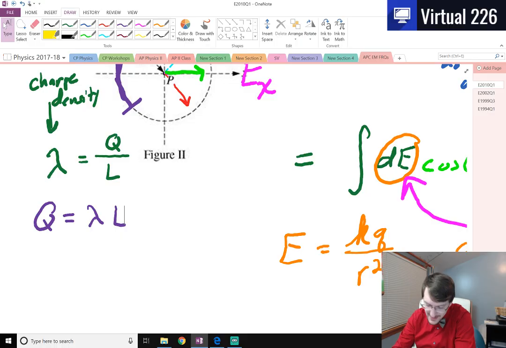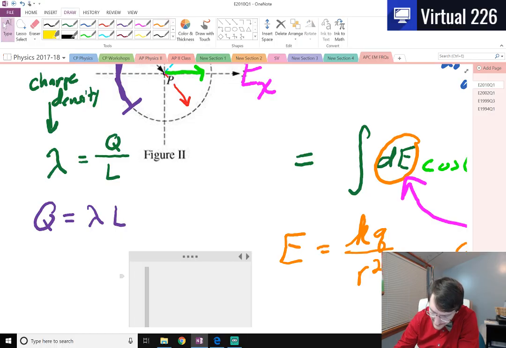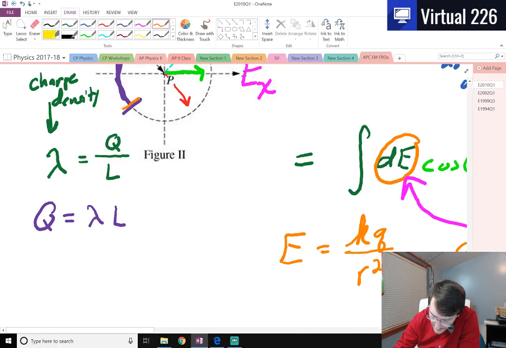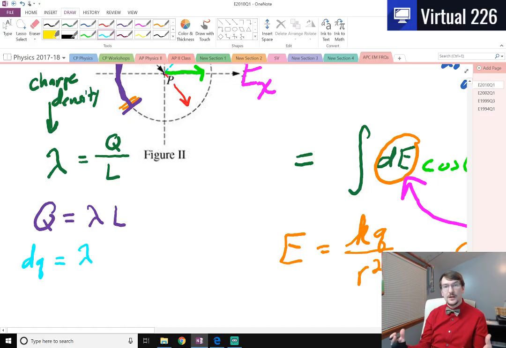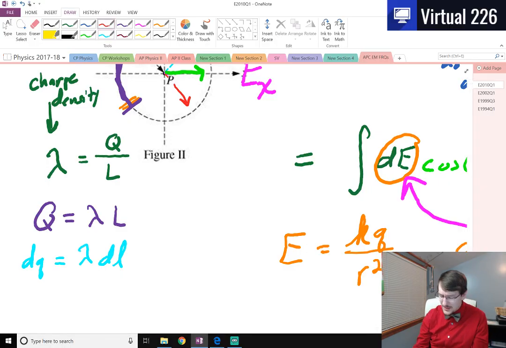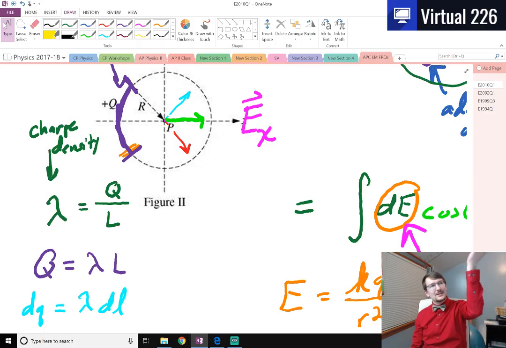Now what this means is that if we have a tiny bit of charge, some infinitesimal piece of the charge, something like dq, then what we've done is we've taken the charge density, which is a constant, and multiplied it by a tiny sliver of the length, dl. Well, that's all good, but how do you get the length of an arc?